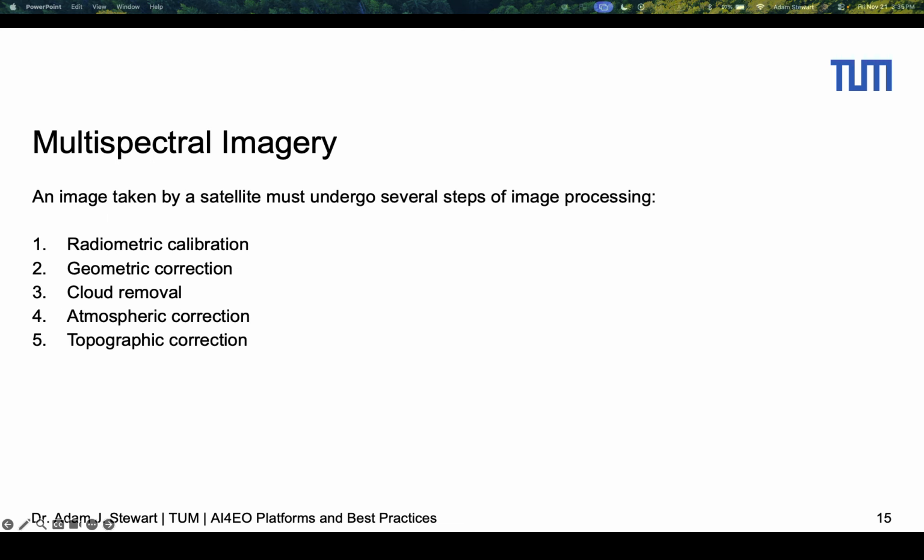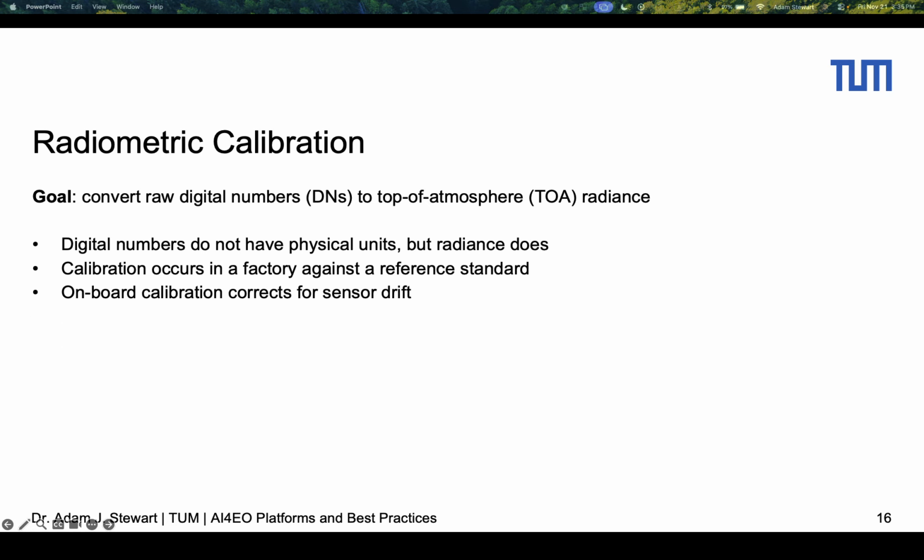Okay, so multispectral imagery. These are more or less the 5 main steps that are required for you to convert an image taken by a satellite to an image that's actually useful for your research. The first one is radiometric calibration. If you have a camera, regardless of whether it's in space or in your pocket, that camera is not measuring color.